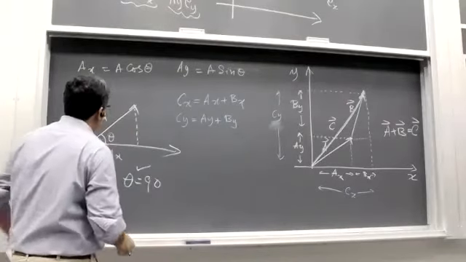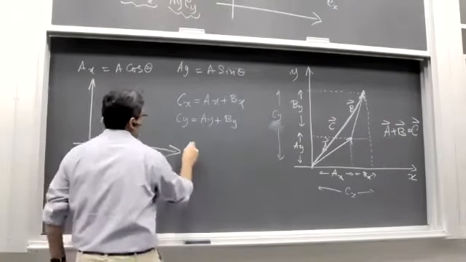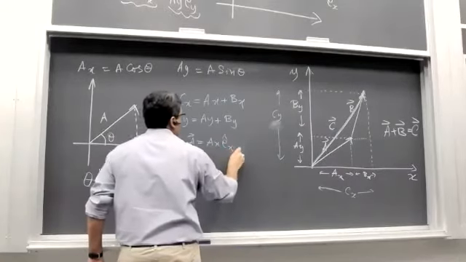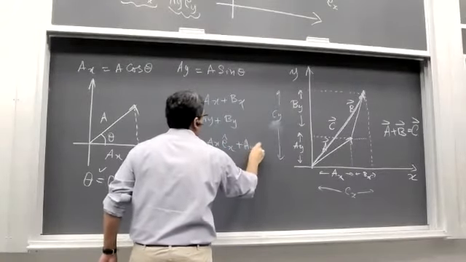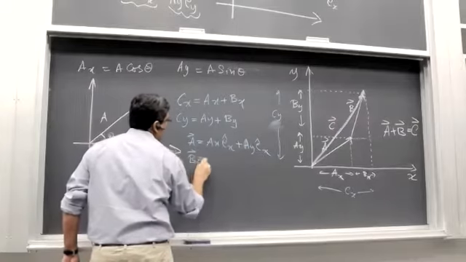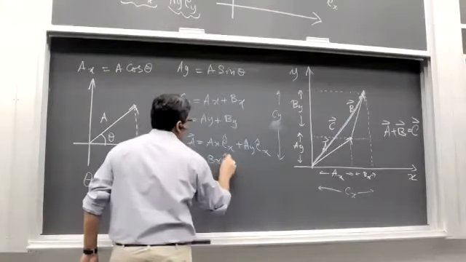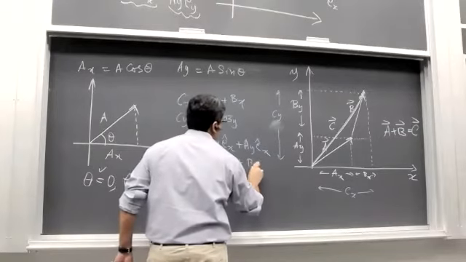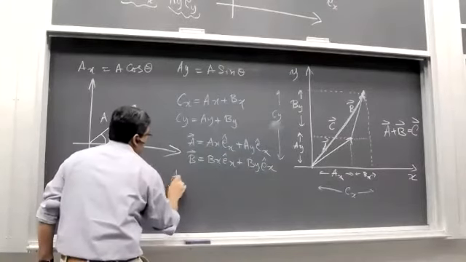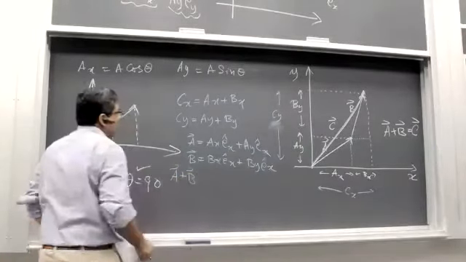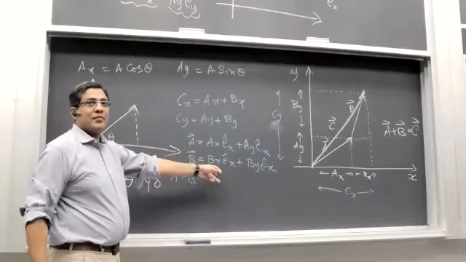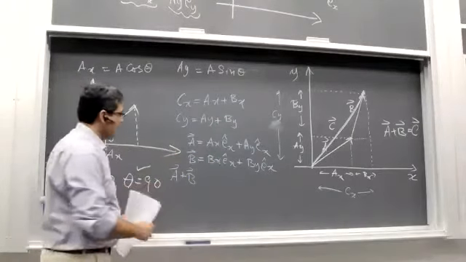So if you're given two vectors in their components, like Ax plus Ay, and another vector B in their components, Bx, so when you add these vectors, you basically add the x component of the first vector to the x component of the second vector, and that gives you the x component of the resultant vector.